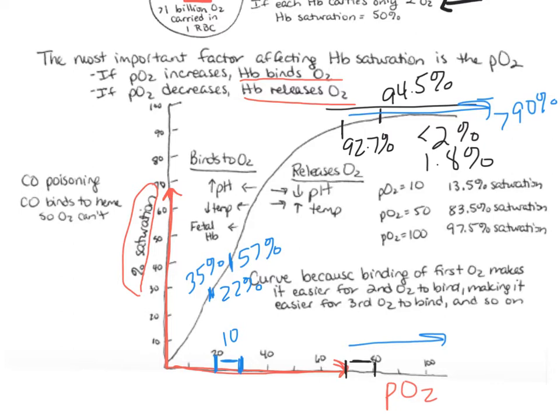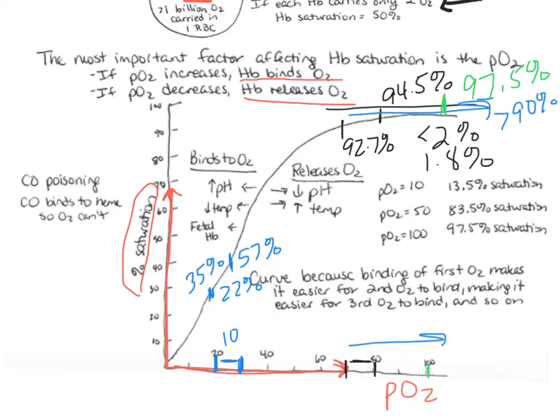At normal alveolar pressure, which we see as a PO2 of around 100, 95 after it leaves the pulmonary capillaries, the hemoglobin saturation rate is 97.5%. So this is the normal. The PO2 should be at 100 millimeters of mercury, and the percent saturation rate should be 97.5%.